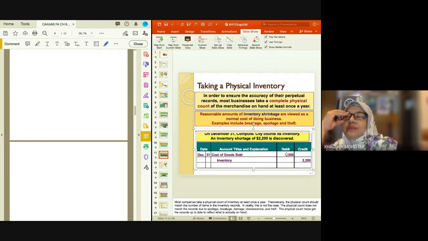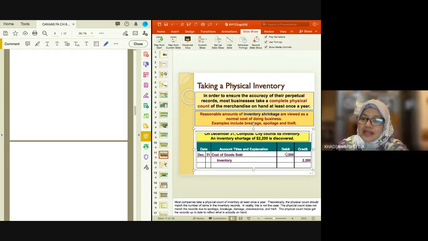So in our example just now, say the value now becomes 900, so the difference is 100. You're going to debit COGS 100 and you're going to credit your inventory 100 also. So in that case, your actual value is 900 and in your accounts, inventory is also 900. Then you report correctly now, 900.